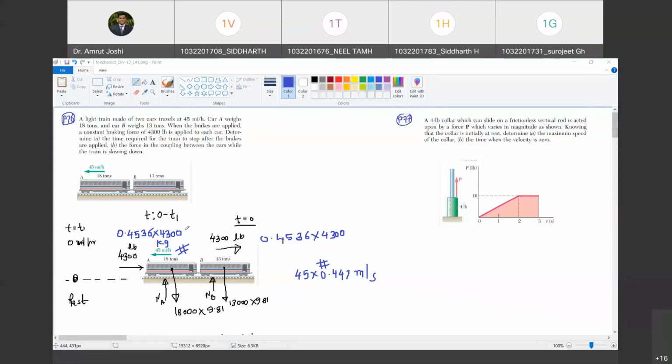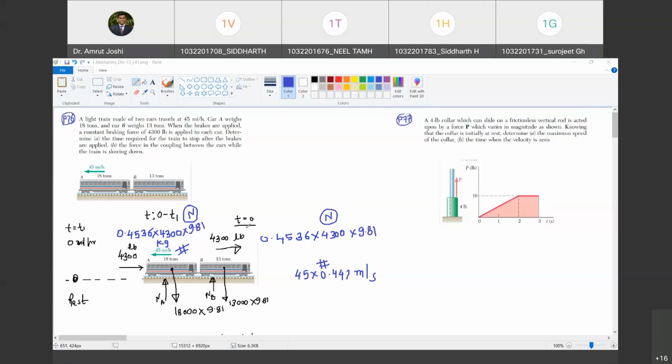Do you agree with me? Now if I multiply this by 9.81, I get this force in Newton. Similarly, I will multiply this force by 9.81 and I will get it in Newton. So I am going to work in the system of units, Newton and meter. Are you with me?